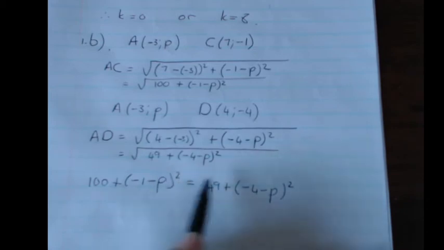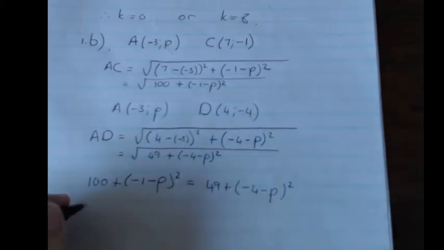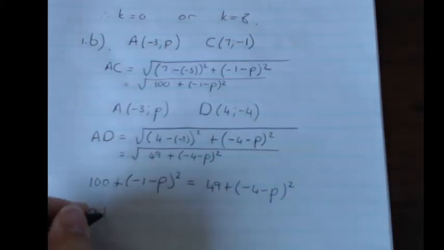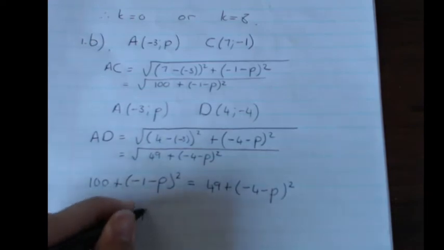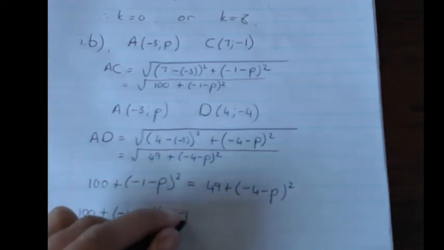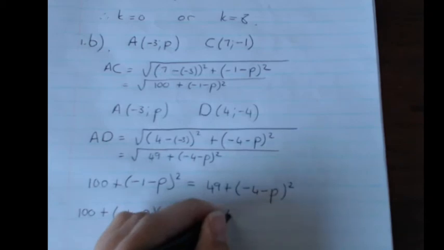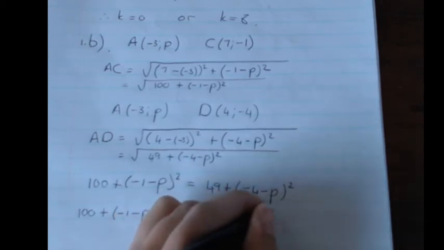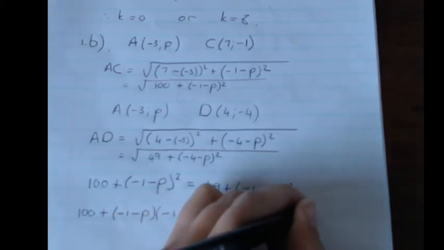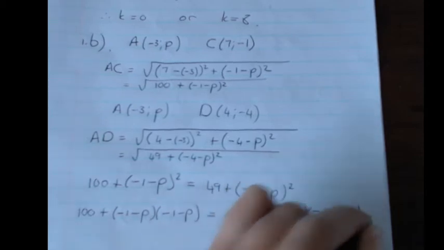I'm sure most of you know how to multiply out the brackets. So I'm going to just quickly do that. Let me just write it with the negatives there. To multiply out, I'm just going to write them twice so that I don't make mistakes here.